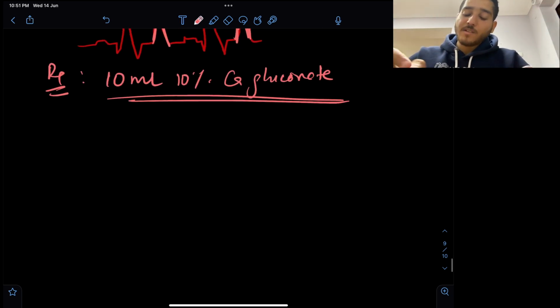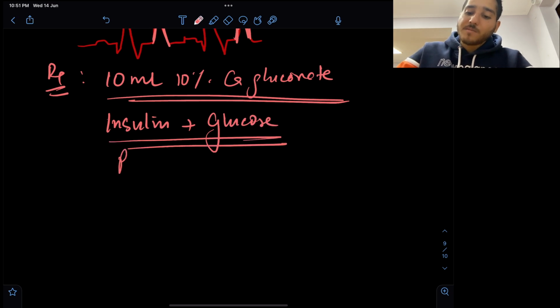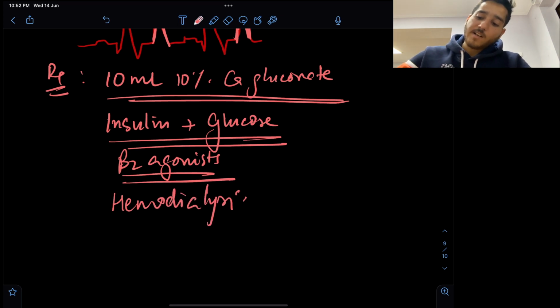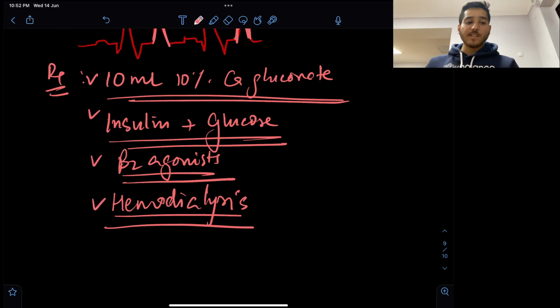For decreasing the level of potassium in blood, we give insulin plus glucose. We can also use beta 2 agonist for this purpose, and the best treatment for hyperkalemia is hemodialysis. You take the patient to the dialysis unit, and then the potassium level will come to normal. So these are the main 4 treatments for a patient of hyperkalemia.